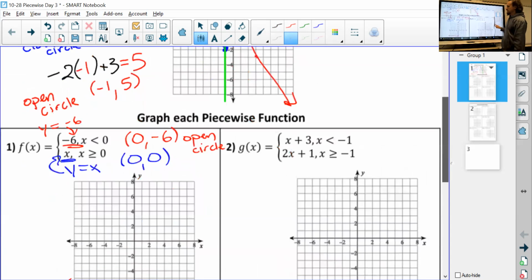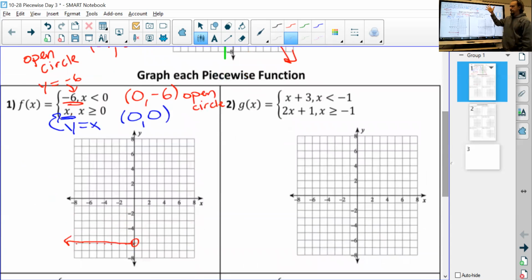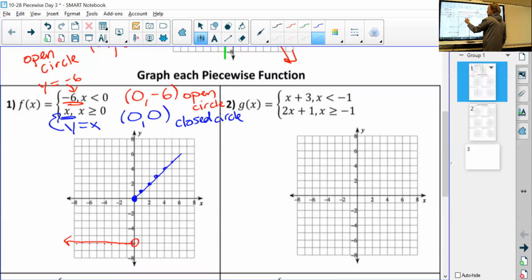But if you just have a single term and maybe in your head it's like, this doesn't look right, but these are your equations, okay? So I know I'm going to have a closed circle at 0, 0. And since it's just y equals x, and I'm going to the right, I know the slope is +1, so I just go up 1, over 1. There's our graph.